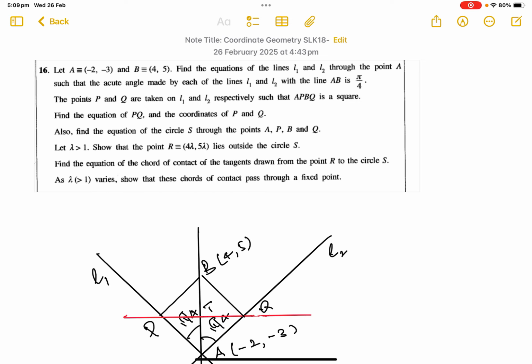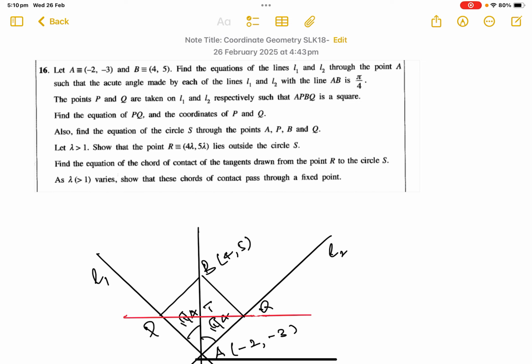Let A be the point with coordinates (-2, -3), and B the point with coordinates (4, 5). Find the equations of the lines L1 and L2 through the point A such that the acute angle made by each of the lines L1 and L2 with the line AB is pi by 4, 45 degrees.